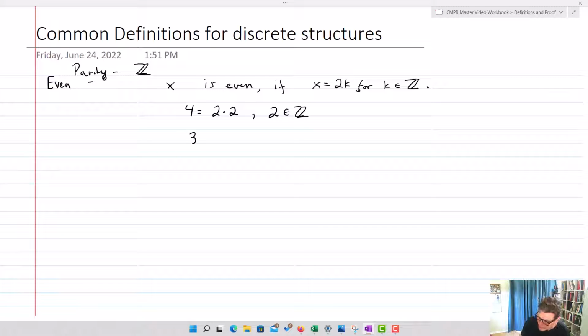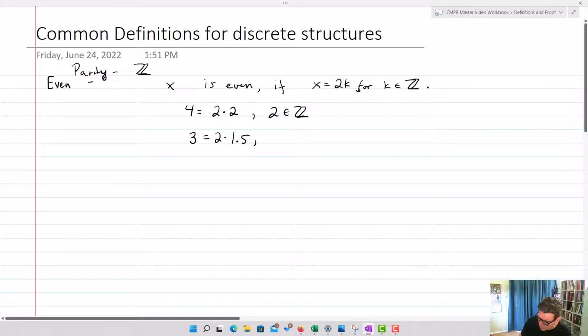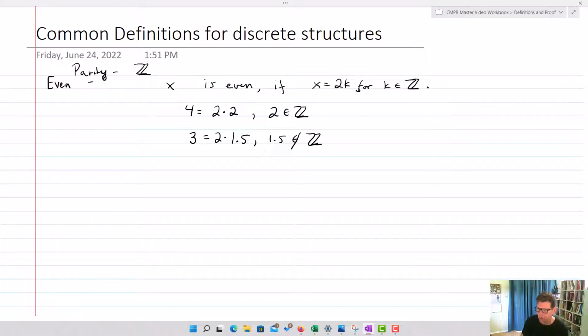The number 3, okay, is actually equal to 2 times 1.5. But 1.5 does not belong to the integers, and so consequently 3 is not even, right? We're going to get another definition called odd that's going to help us out here, but because 1.5 is not an integer, that means that 3 is not even. One more example, we'll use negative 6.